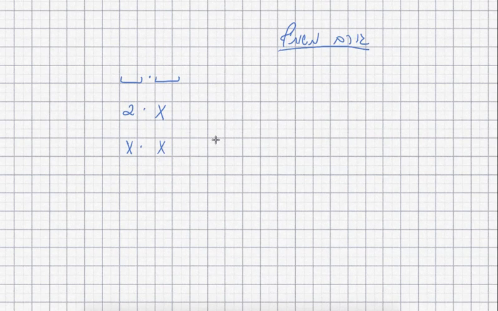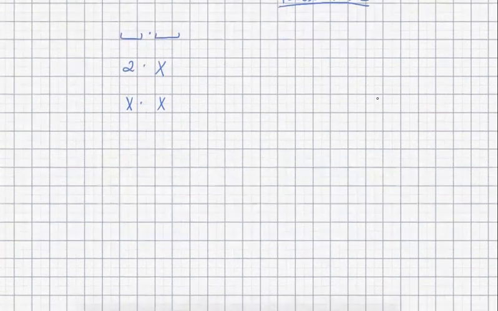Same if you have x squared. X squared is actually x times x. So x squared has two גורמים, x and x.